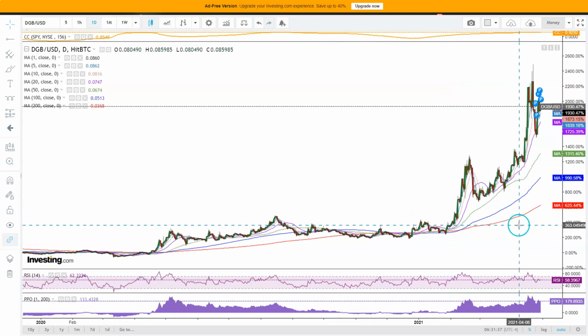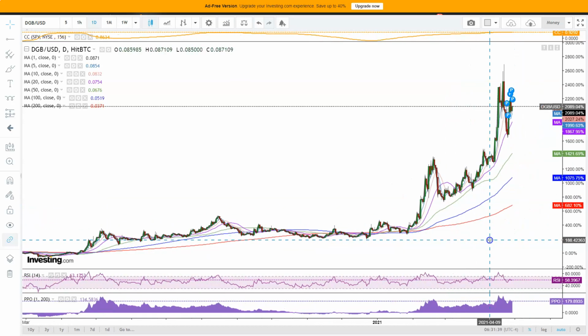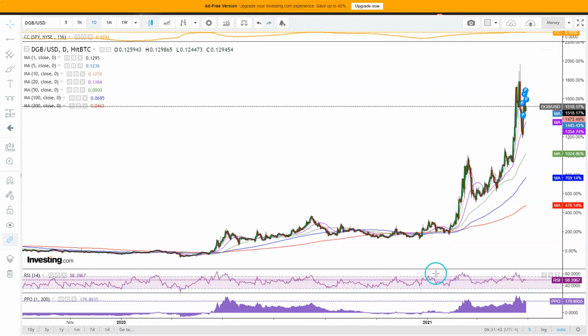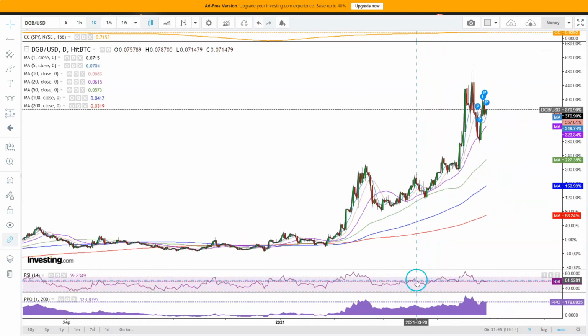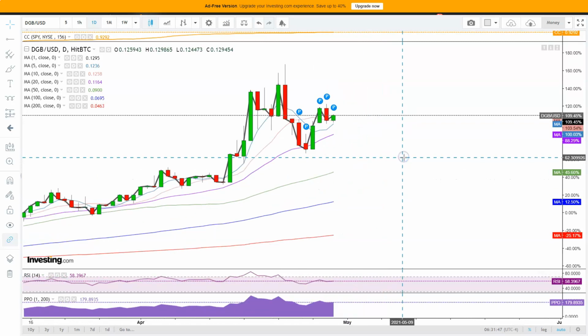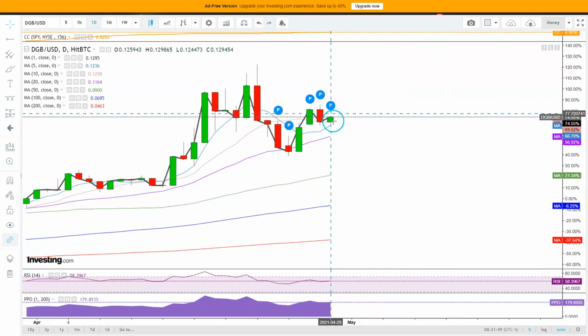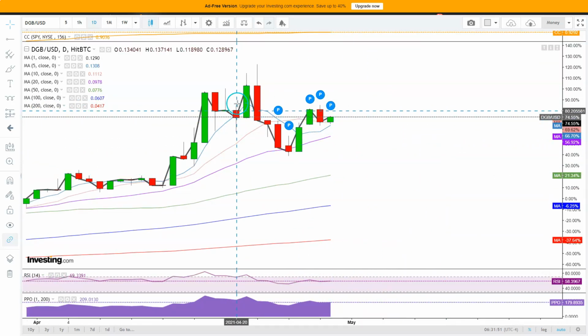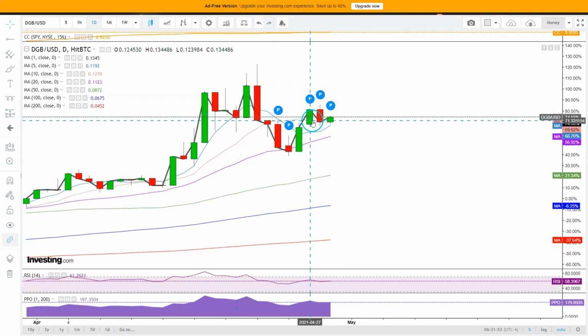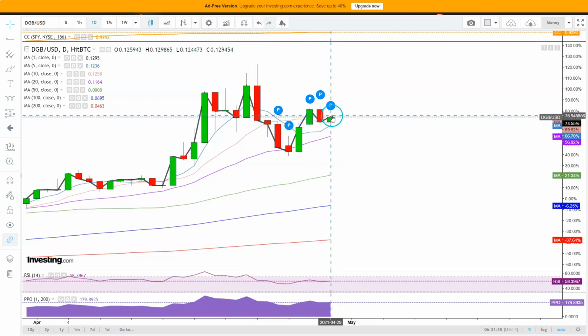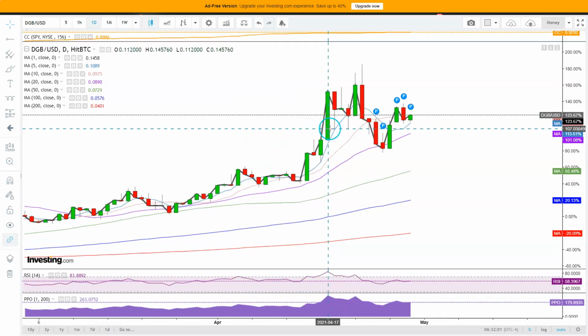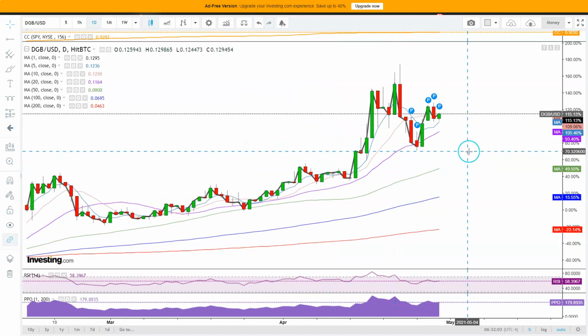Even though we did see some problematic signals on the RSI and the PPO that could signal there's more downside, at least right here and right now, we do have the inverse head and shoulders pattern, we do have moving average support. So as long as those moving averages hold, then I think the bulls could pull off something.